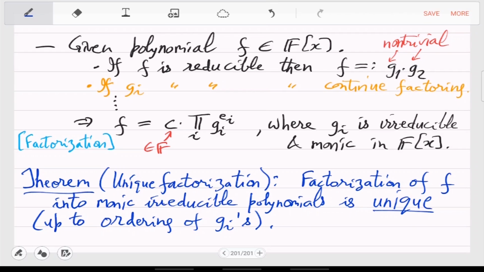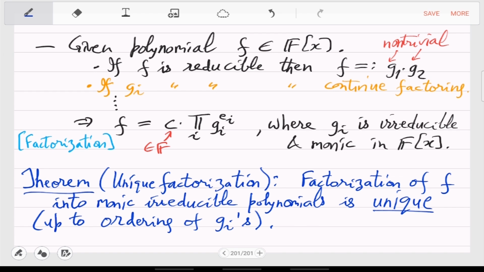Of course you can swap G1 with G2, the order will not change the product value, but other than that you cannot do anything. The set of Gi and the set of corresponding ei is unique once you have an F. So here also we have the same property as we have for integers, which is unique factorization. So both these rings are unique factorization rings.